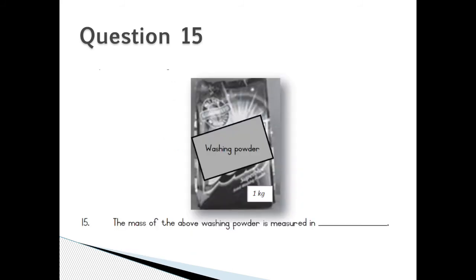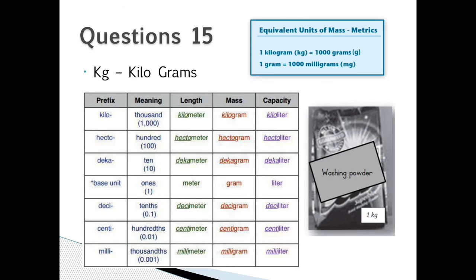Question 15. The mass of the above washing powder is measured in what? The prefix kilo means 1,000. In length it will be a kilometer, in mass a kilogram, and in capacity a kiloliter. The prefix hecto means 100. So your length would be a hectometer, your mass would be a hectogram, and your capacity would be a hectoliter.